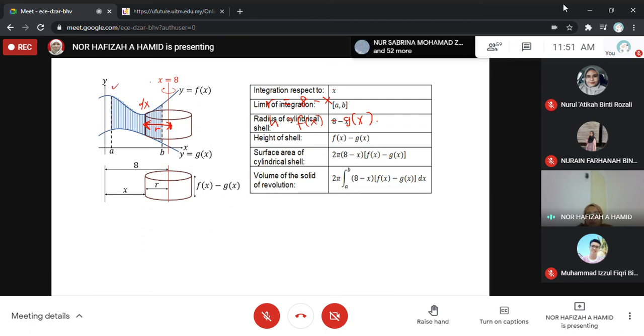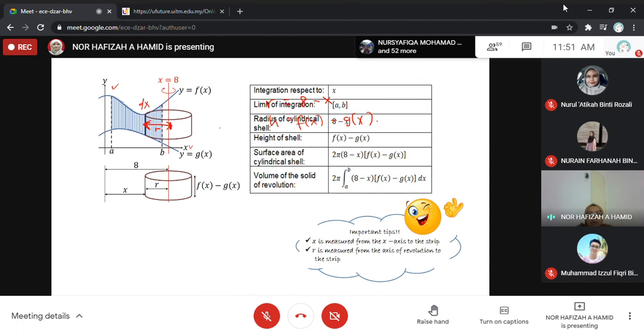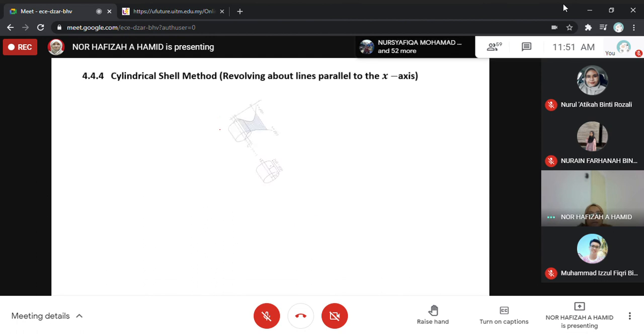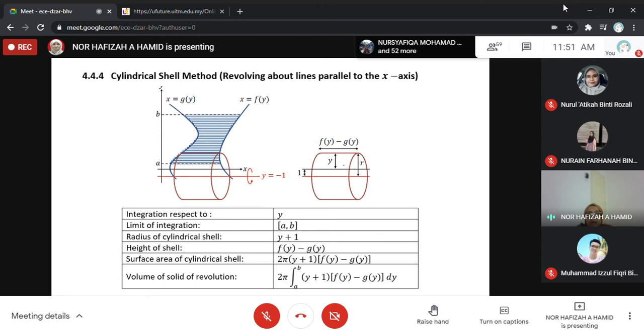Okay, so ni kalau dia revolve at any line parallel to the y-axis. Dia boleh juga revolve ke any line yang parallel to the x-axis pula. Okay, so kita ada 3 cases juga. So ni kalau dia revolve pada, contoh kalau revolve pada y equal to -1, you punya thickness dia is dy, lepas tu r dia. So ni you punya r, you punya radius.